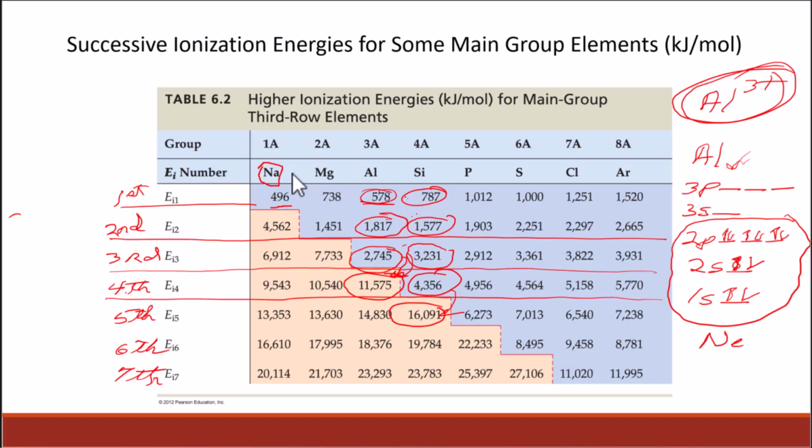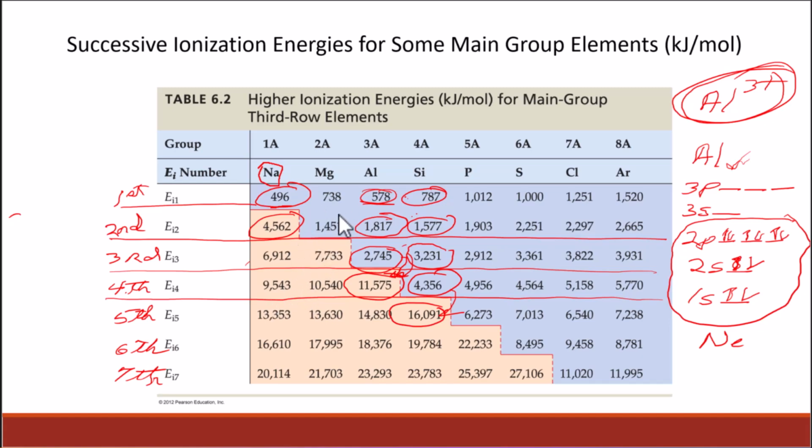So if we remove the first electron from sodium, pretty easy, 496 kilojoules per mole. The second electron is trying to remove the electron from neon's electron configuration, and then successively it increases going to 4th, 5th, 6th, 7th, but not that much.